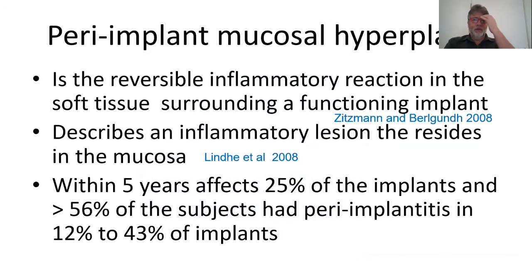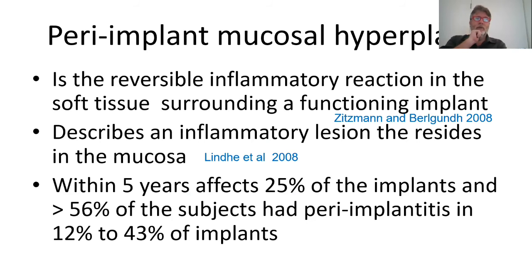Right. Peri-mucosal hyperplasia. Again, this is where you get a buildup of fibrous tissue. And it is a reversible inflammatory reaction in the soft tissue surrounding a functioning implant. Again, that was Aimetti and Burgundy 2008. It describes an inflammatory lesion that resides in the mucosa.